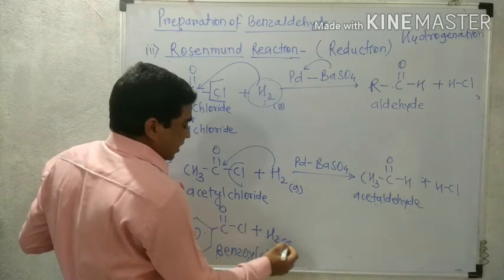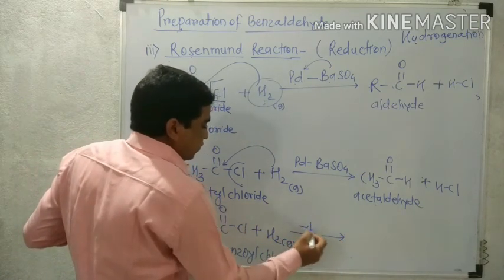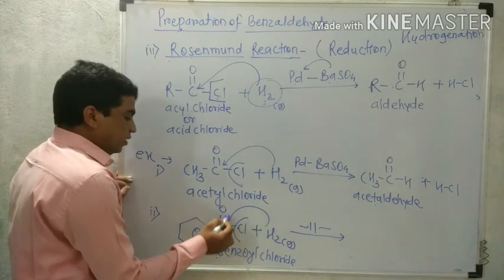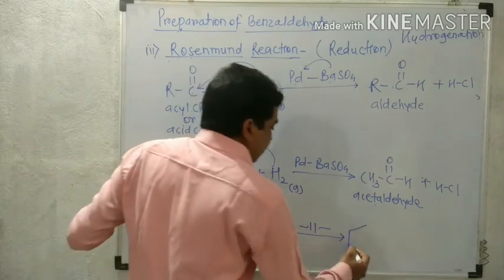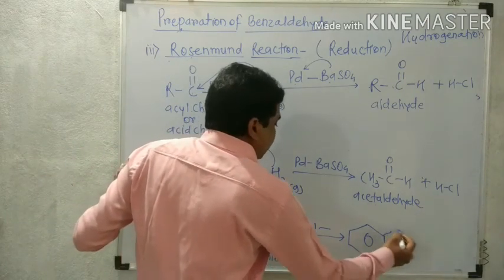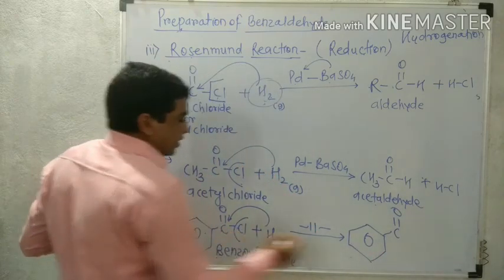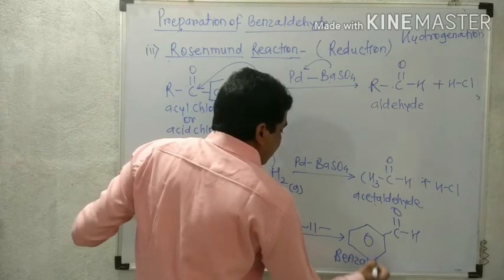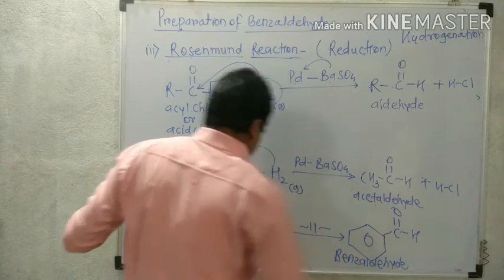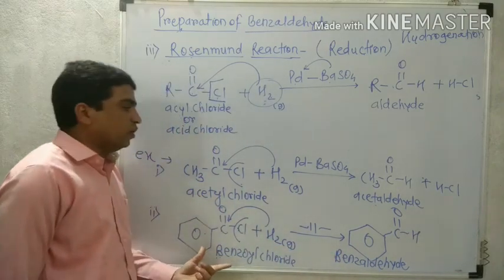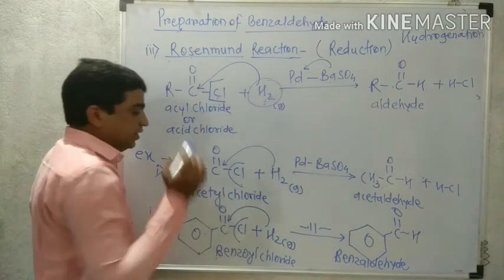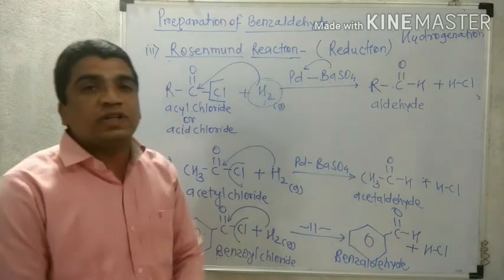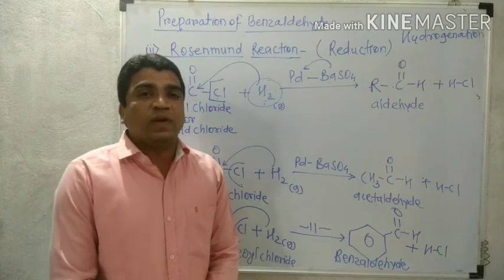When reacted with hydrogen gas in the presence of the same catalyst, palladium supported on barium sulfate, this chlorine is replaced by one hydrogen. So we obtain benzene attached with CO and, in place of that Cl, H. This is the structure of the corresponding aromatic aldehyde, that is benzaldehyde. So benzaldehyde is prepared from benzoyl chloride, and acetaldehyde from acetyl chloride. Here HCl is also a byproduct. Now that was about the preparation of benzaldehyde from different methods.